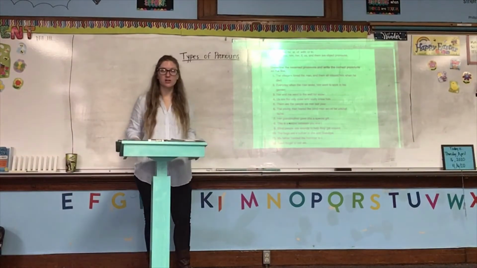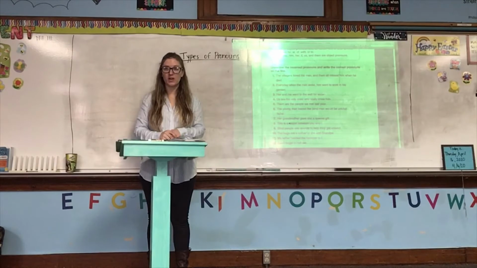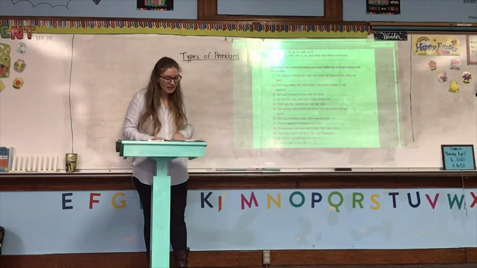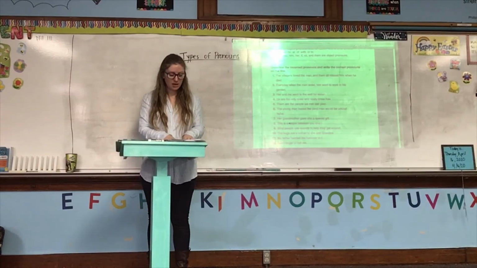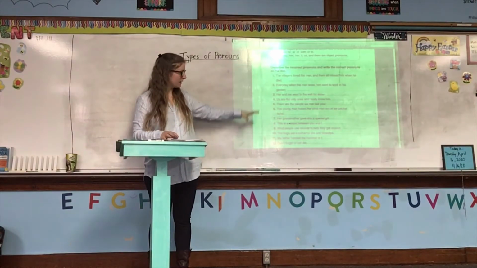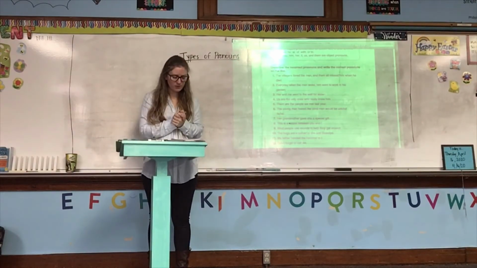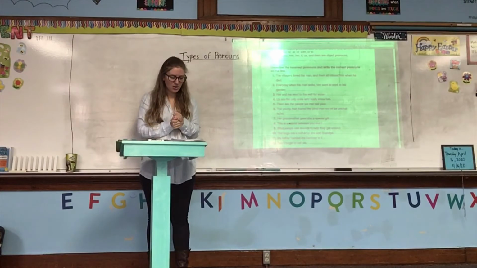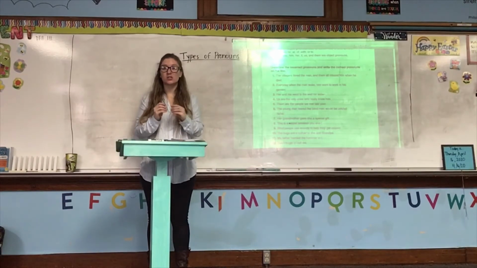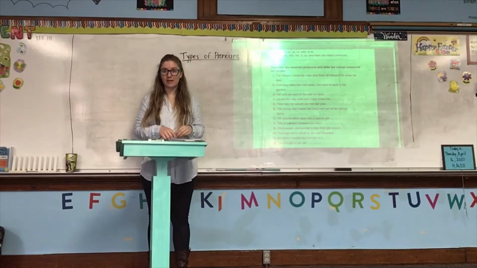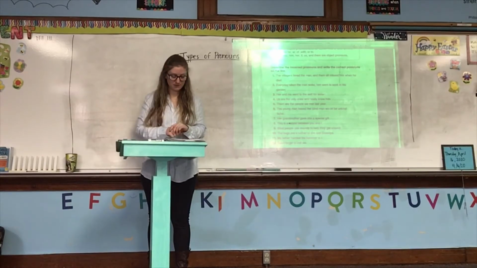You should be looking at the page that has 103 down at the bottom. And let's read the bullet points together. I don't have them up here, but we can just read along with me. First bullet point says, use a subject pronoun as the subject of a sentence. I, you, he, she, it, we, and they are subject pronouns. So remember, when you are trying to replace the noun that is doing the action, you use one of these subject pronouns.